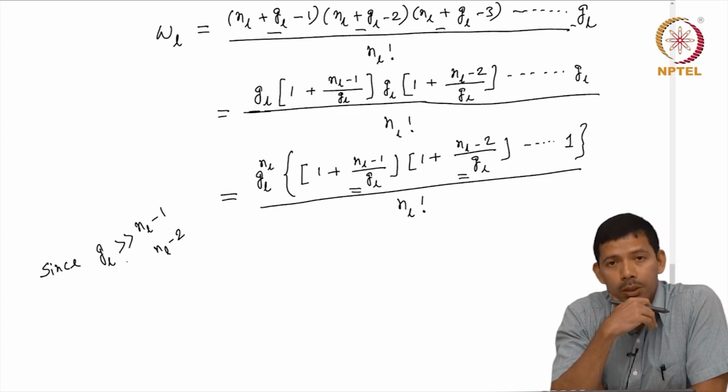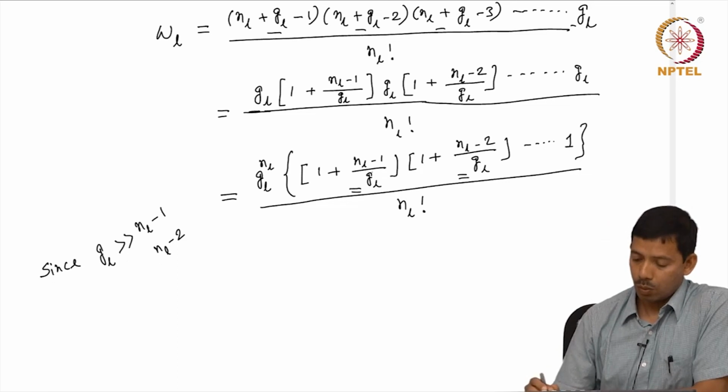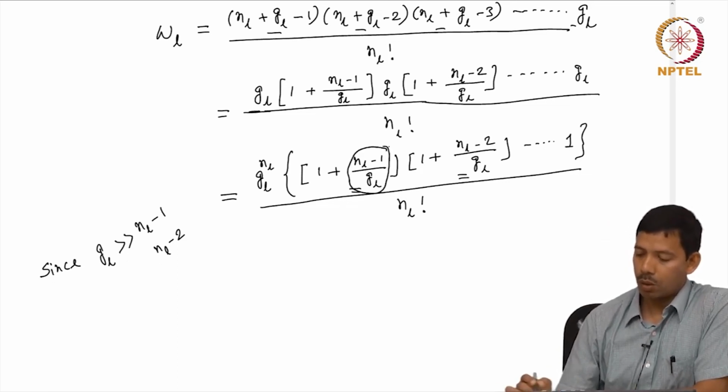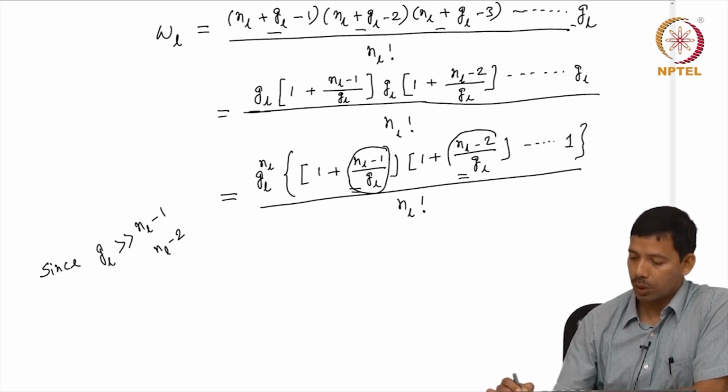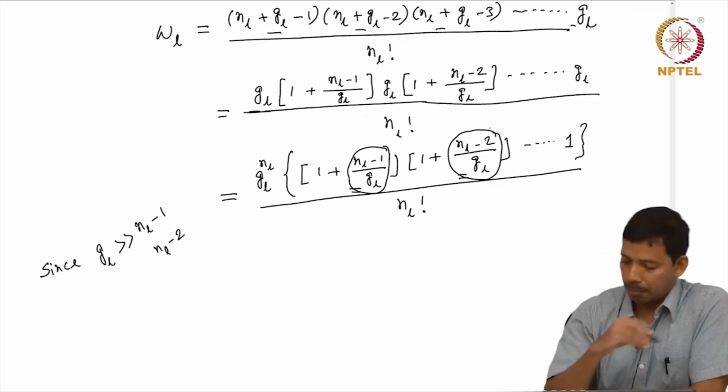Since the number of degenerate states is much higher than the number of particles, the term (NL minus 1) by GL or the other terms (NL minus 2) by GL and so on contribute very negligibly.